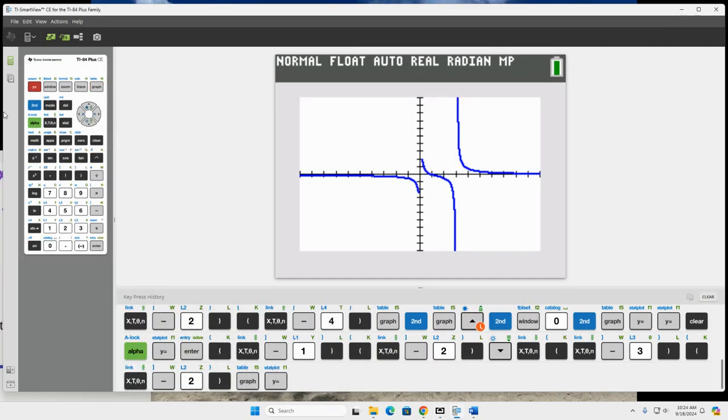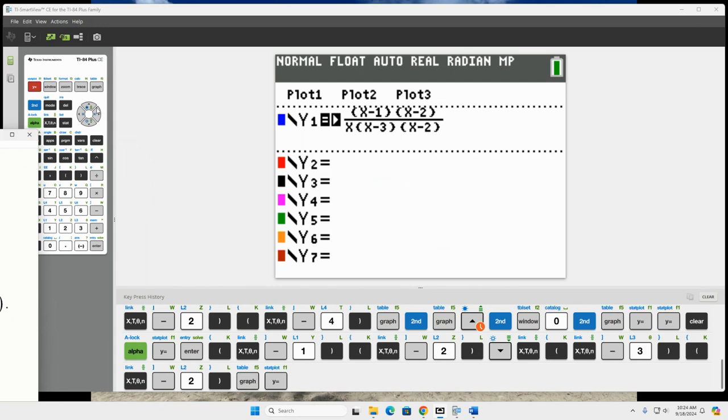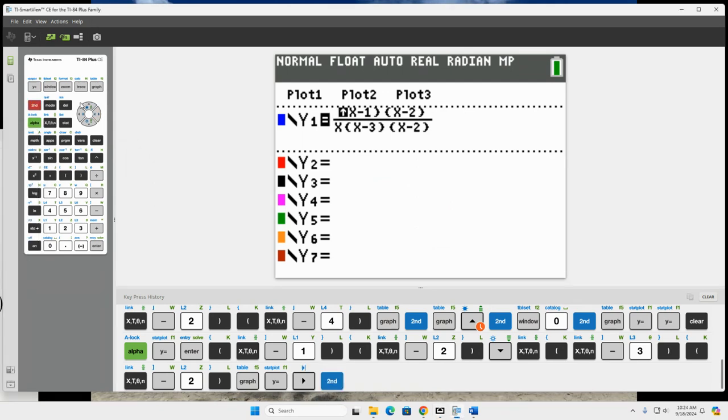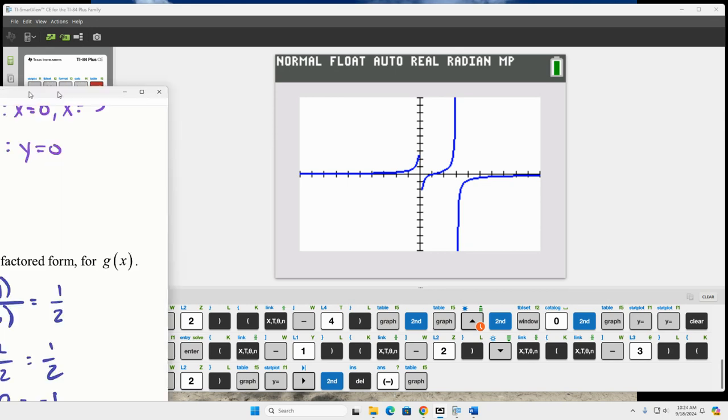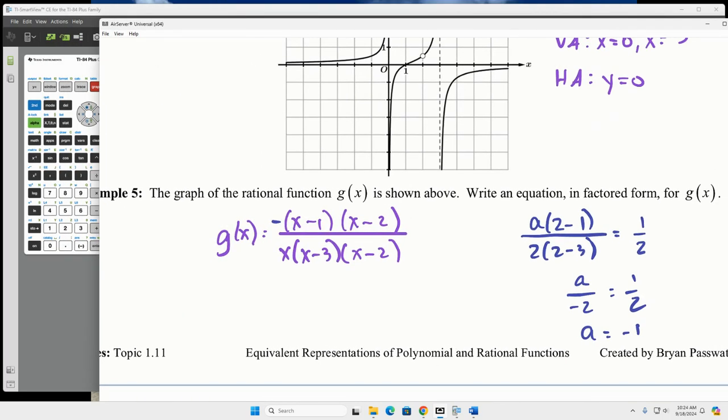Just double check. Yeah, and that fixed it. And we were pretty sure it was going to fix it anyway. Okay, so what questions do you guys have?